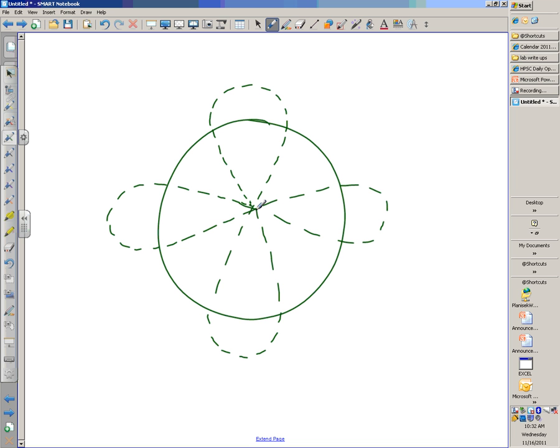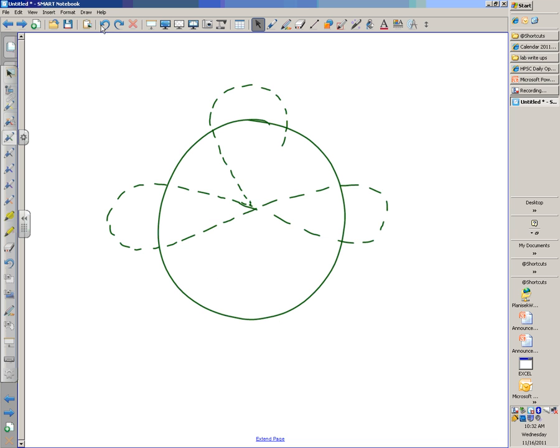It's anywhere within that space. n equals 2, l equals 1.